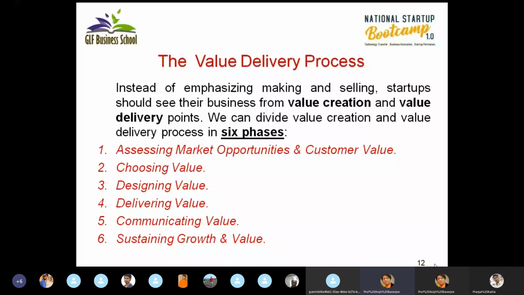Thirdly, designing value relates to decisions involving products or services and the strategy related to products or services, new offerings, and pricing. Fourthly, delivering the value, which focuses on distribution and access issues.